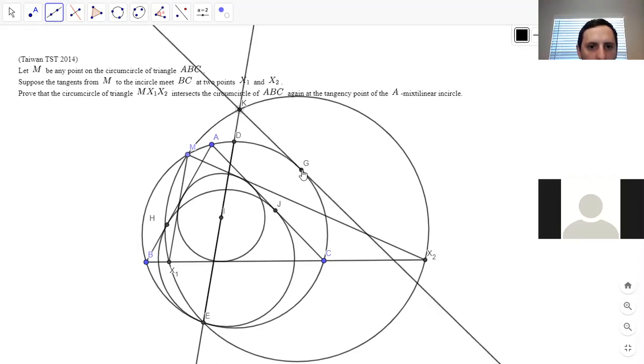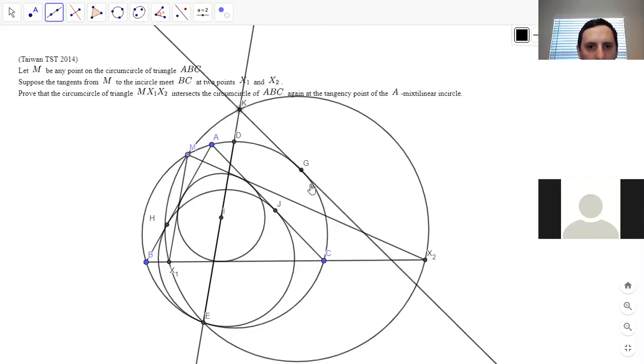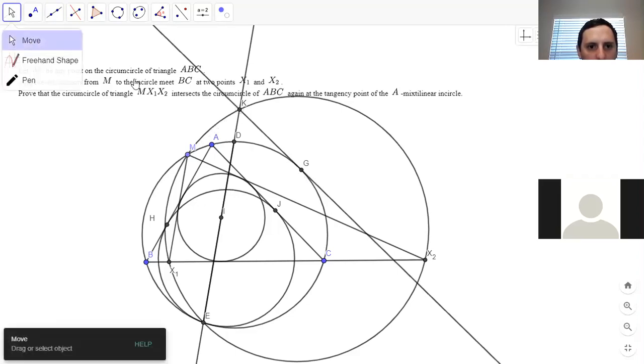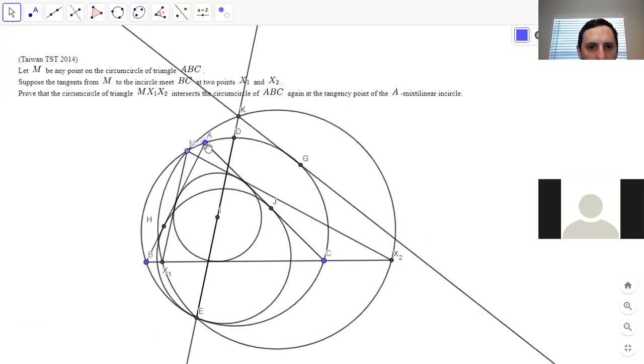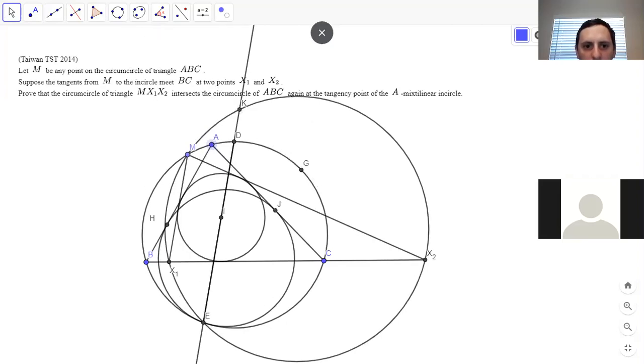Oh, well, that has to be a coincidence. Yeah, KG is not tangent to the circle. No, it's not. Okay, I'm going to delete the circle.